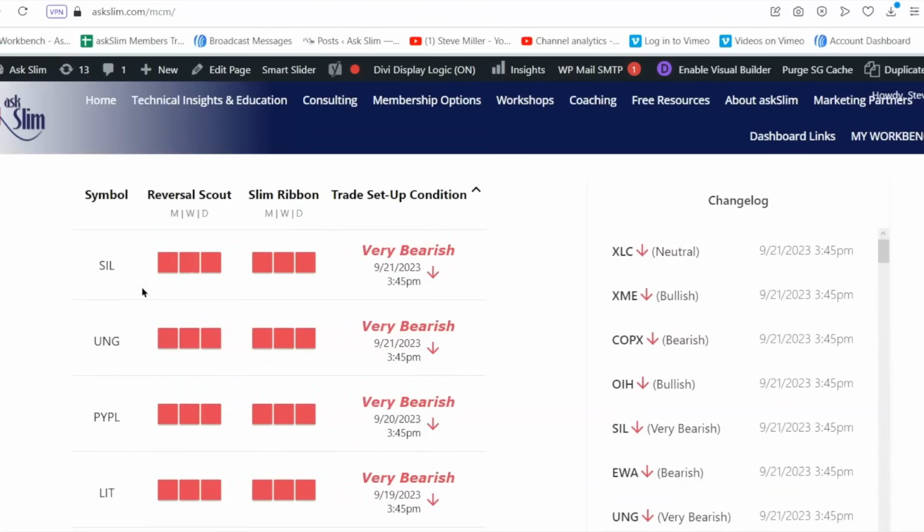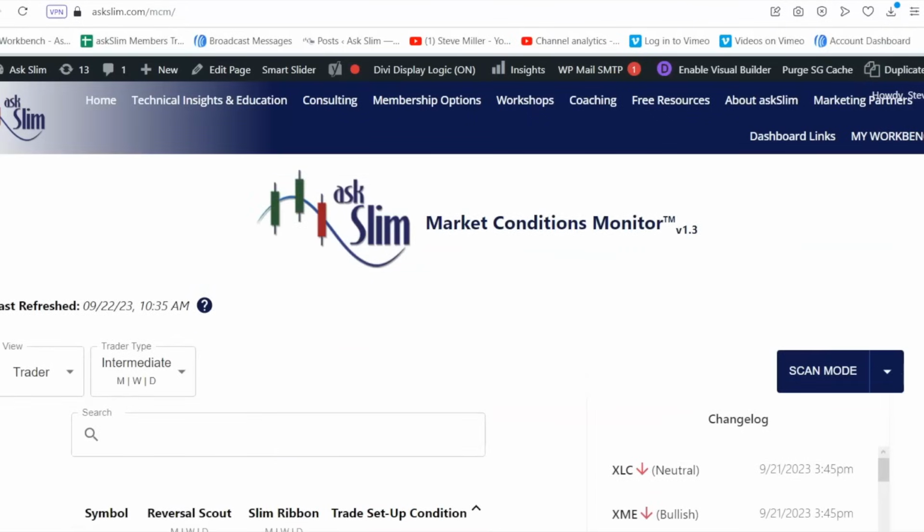And here, if I go to very bearish, it's SIL, which is the silver miners, natural gas, PayPal, still very bearish, and LIT. So that's just the top 4 on both of those. Just a great way for you to understand the conditions of the market using this unique app that we have developed, the askSlim Market Condition Monitor.